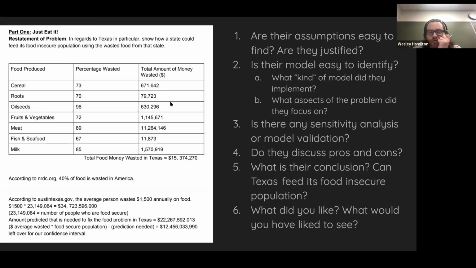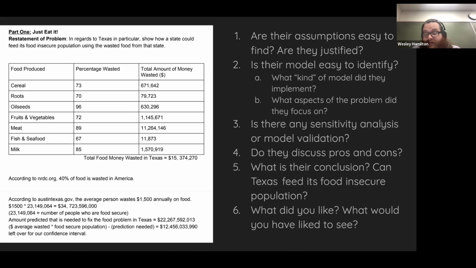Okay, so as answers are coming in, I can share my observations. One, are their assumptions easy to find? Well, from the snippet, my gut response would be that it's not clear where assumptions are. As you start reading, you see, according to nrdc.org, 40% of food is wasted in America. So that might be implicitly an assumption they're making.